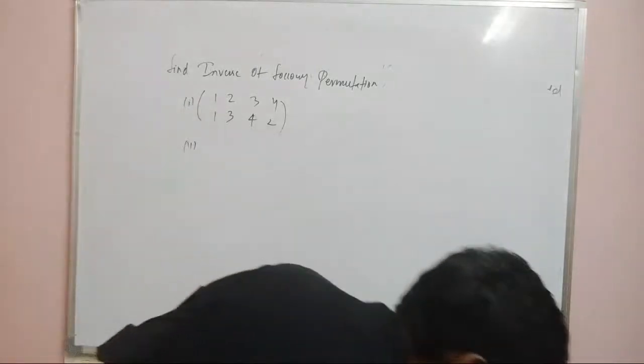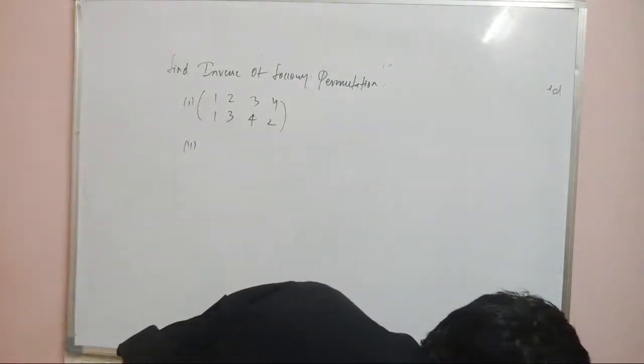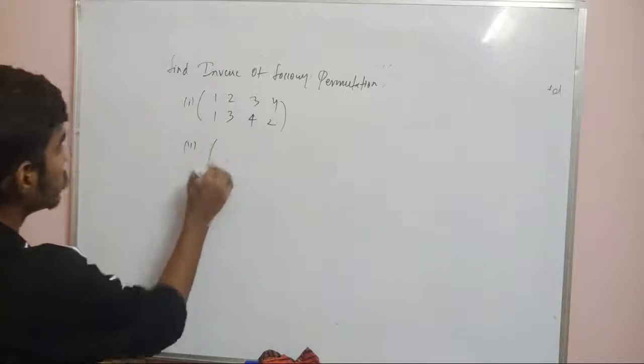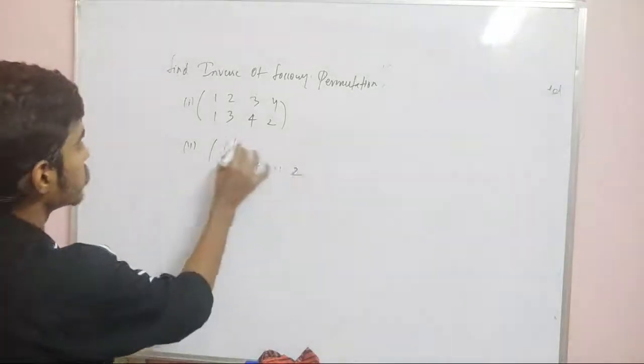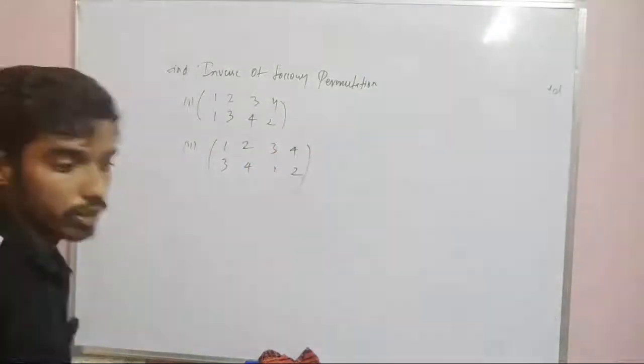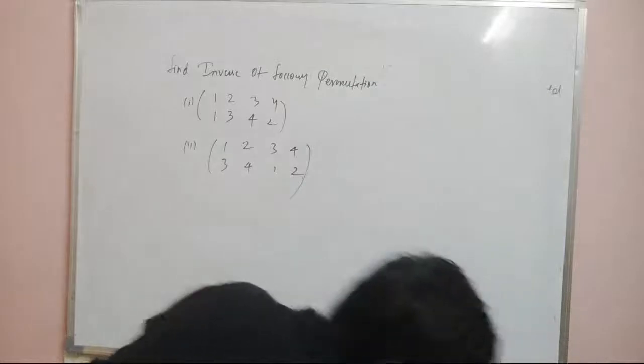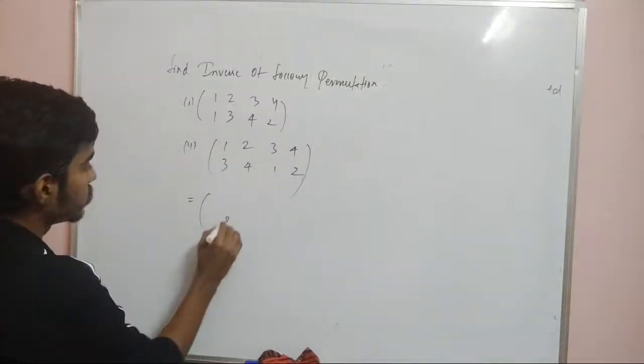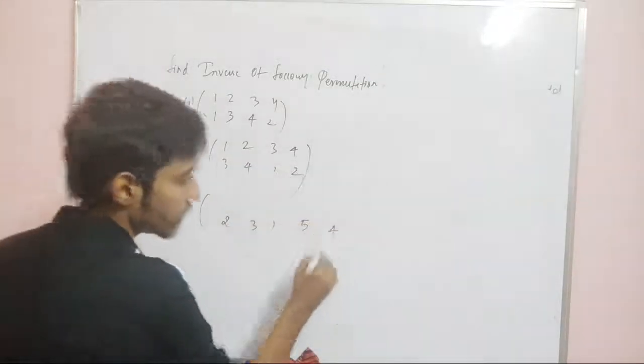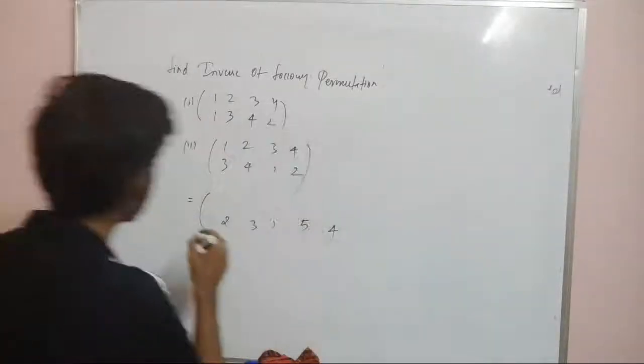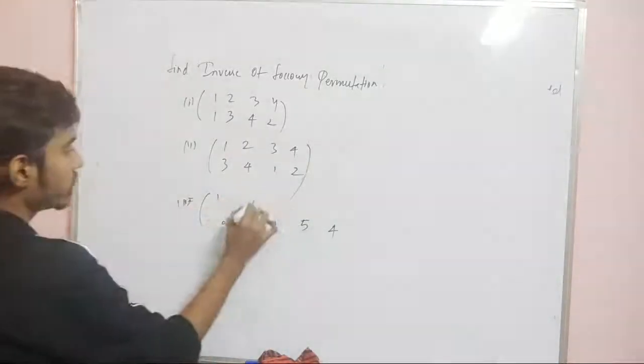Second is 1 2 3 4 over 3 4 1 2. And fourth is 1 2 3 4 5 over 2 3 1 5 4.